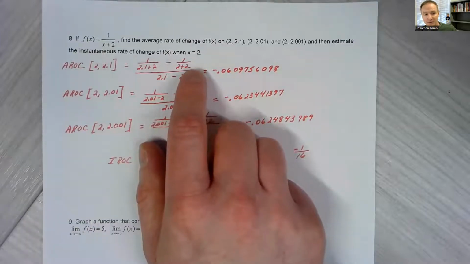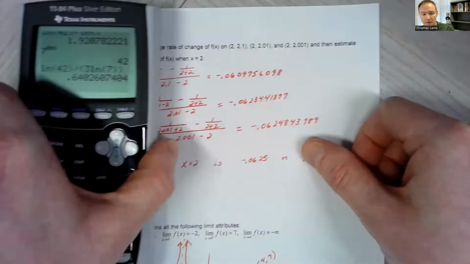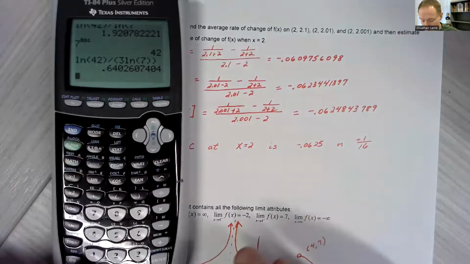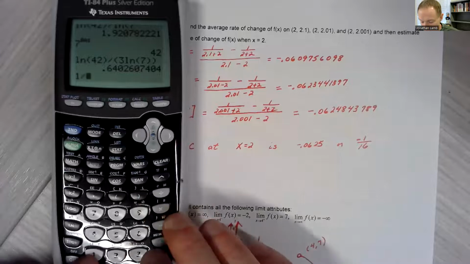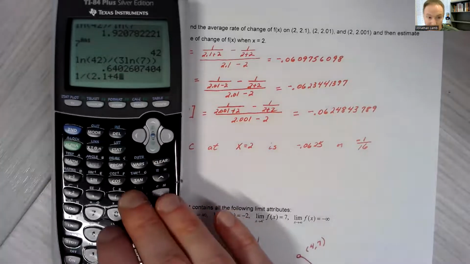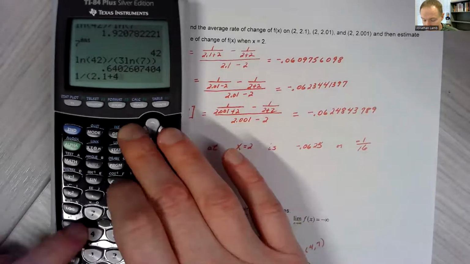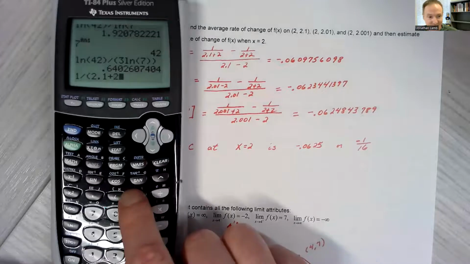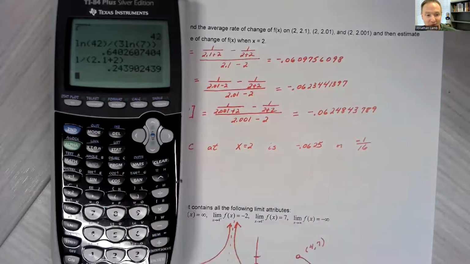Now, when I did this on the calculator, you can see the answer I got there. I'll go ahead and show that here. If I do 1 over the group 2.1 plus 2, I was thinking ahead that the denominator would be 4.1, so I need to make sure I don't make careless mistakes.